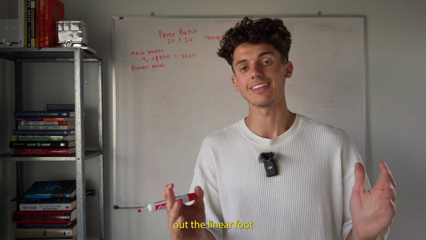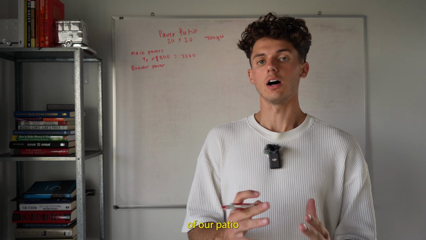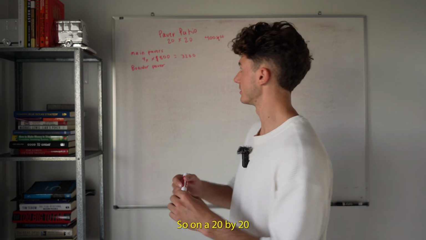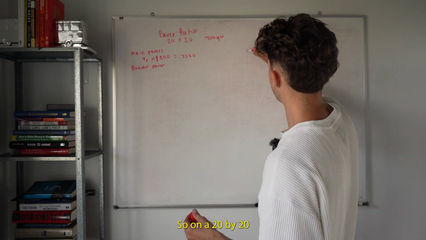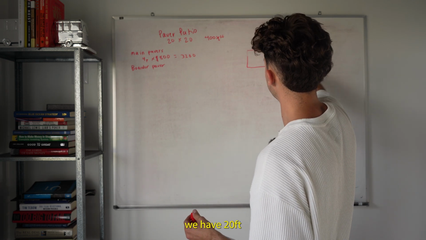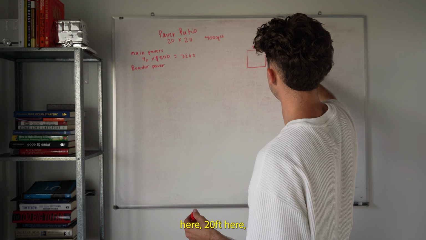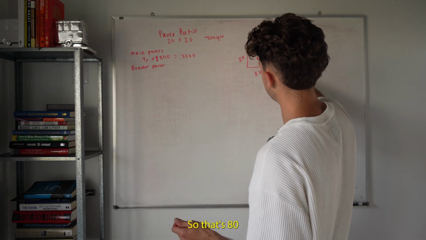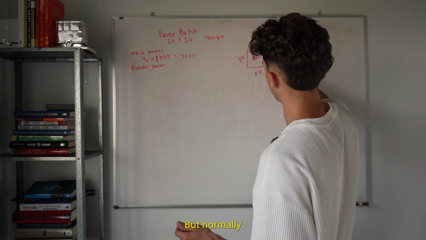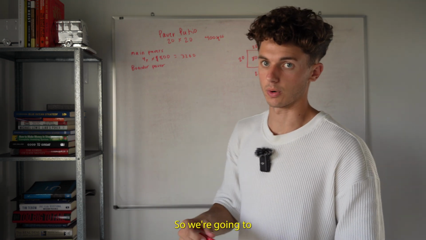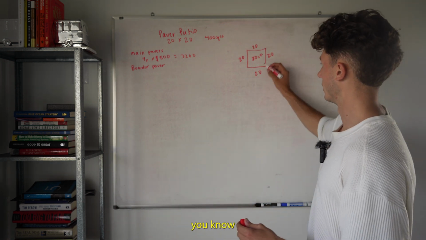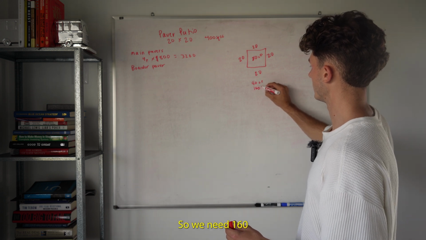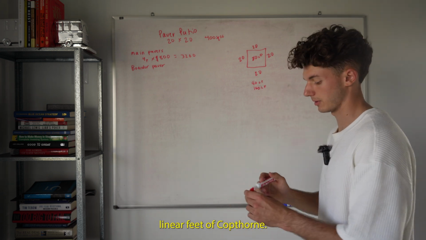We're going to need to figure out the linear foot of our patio to see how much Copthorne we're going to need. So on a 20 by 20 paver patio, we have 20 feet here, 20 feet here, 20 feet here, and then 20 feet here. So that's 80 linear feet. But normally I like to do a double border. So it's 80 linear feet, but we want to do a double border, so we need 160 linear feet of Copthorne.